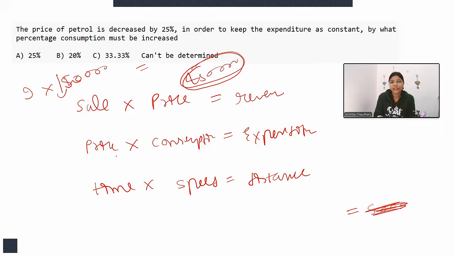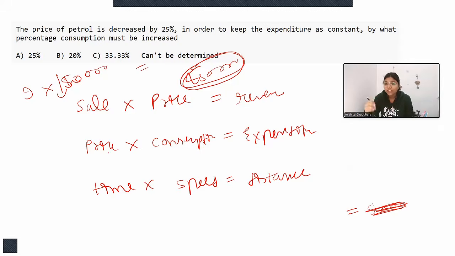Or else, if you take a challenge that in 1 month I need to spend 1000 rupees on my motorbike, like in petrol, 1000 is fixed for petrol, so anyhow I have to do it. And petrol price is decrementing. Now what will you do?